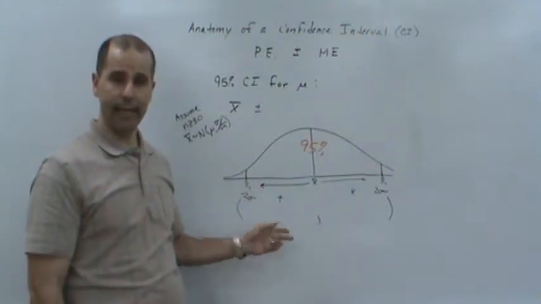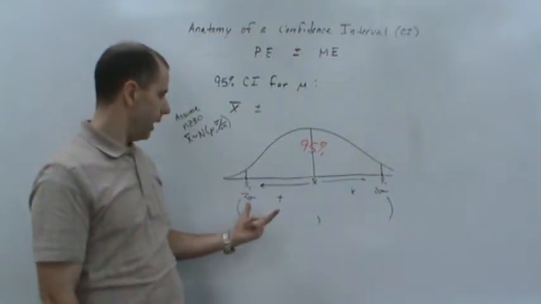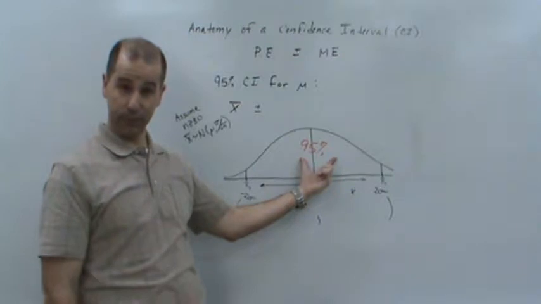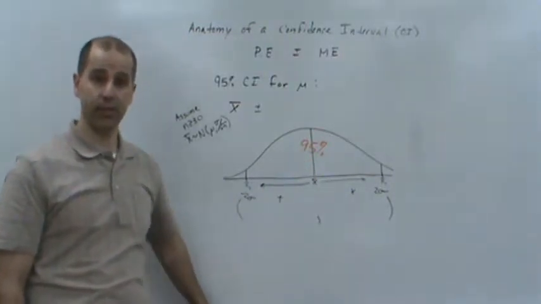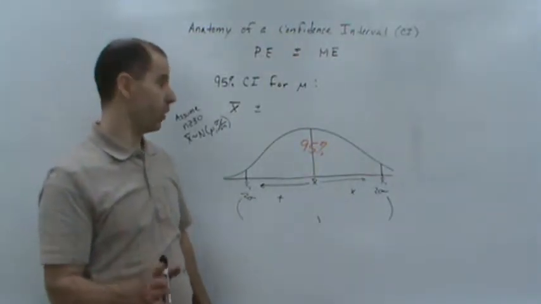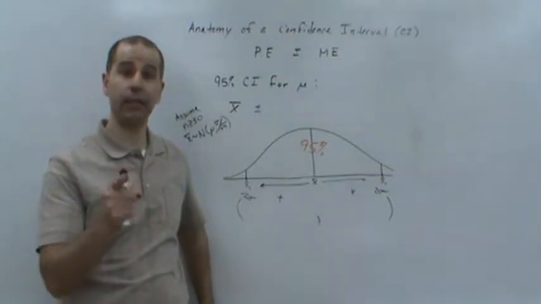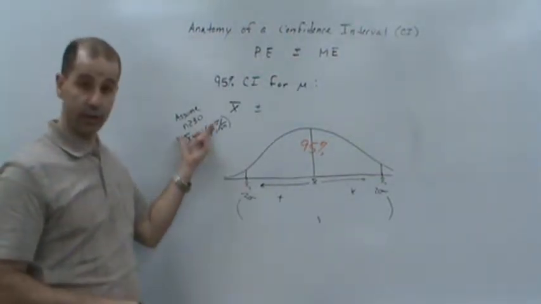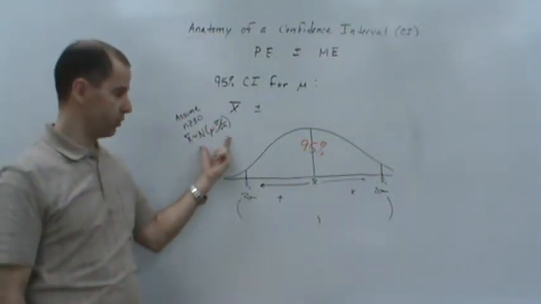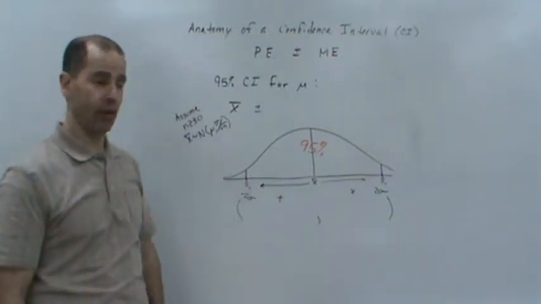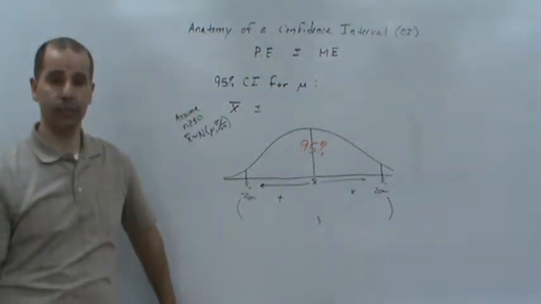Is that reasonable? Yes. In fact, how reasonable? Well, how about 95% confident that the true value of the mean is in here somewhere? Based on just what we know about X bar as a point estimate, it's the best point estimate, so it's got to be close. And as long as we use a large enough sample size, not only are we going to be closer, but we also know that the distribution of X bar is normally distributed, which means we can figure out what the two values need to be.